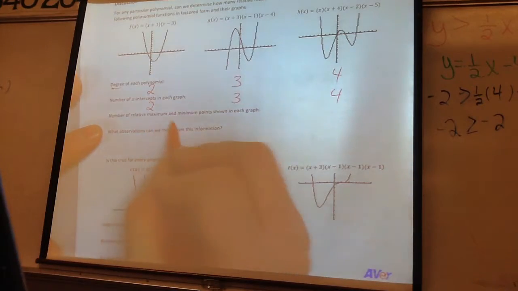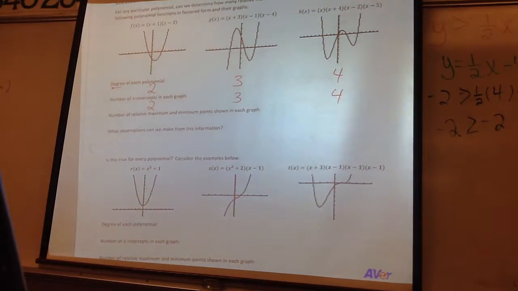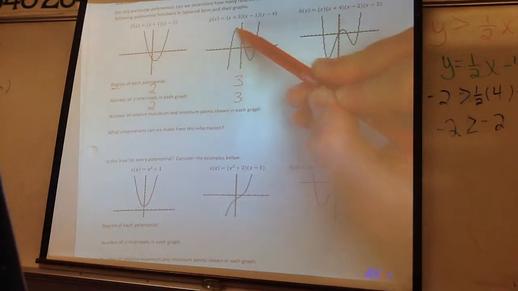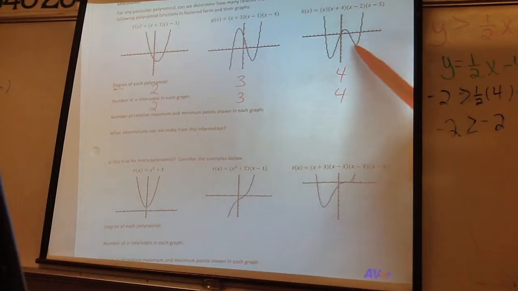Number of relative maximum and minimum points shown in each graph. That's new. We gotta do some vocabulary words. What relative maximum and minimum means. That just means how far up it can go and how far down it can go, right? Kind of. They're talking about the hills and valleys, like these points.